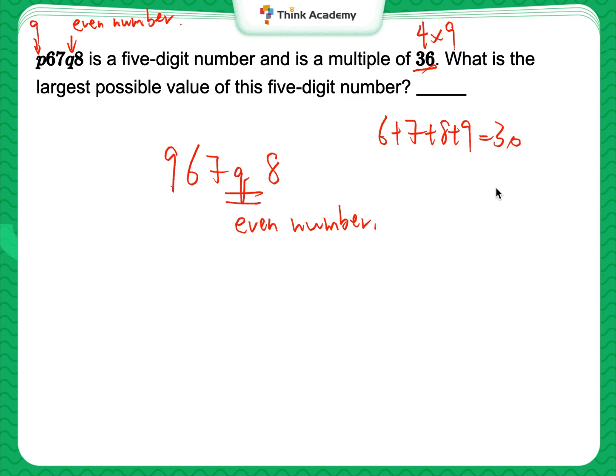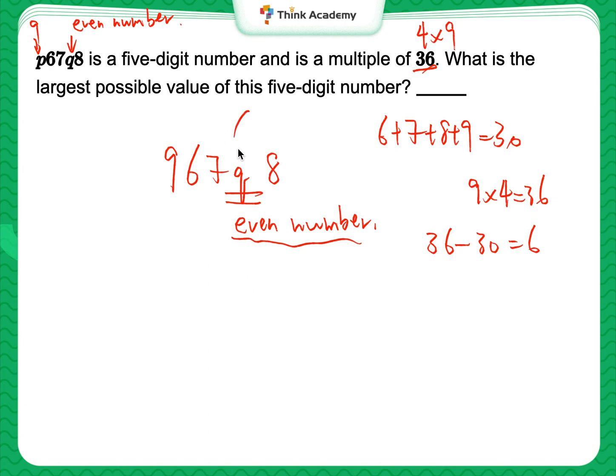The next multiple of 9 is going to be 36. We can see that the difference between 30 and 36 is 6, which means that if I want this 5-digit number to be a multiple of 9, I need 6 more in the digits, where 6 happens to be an even number.